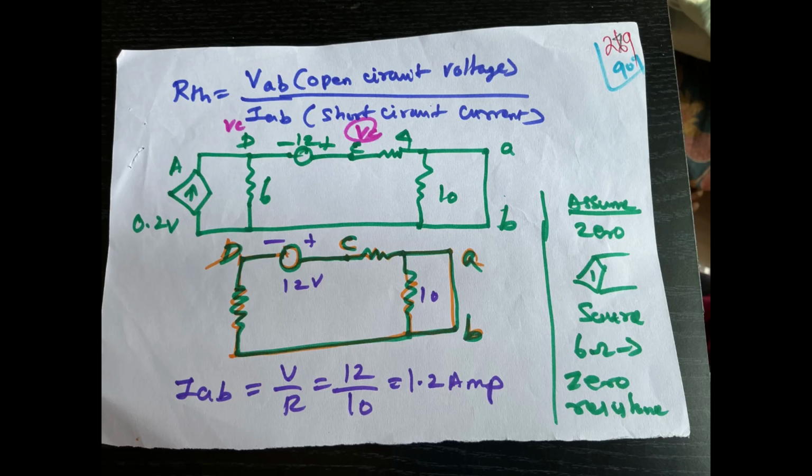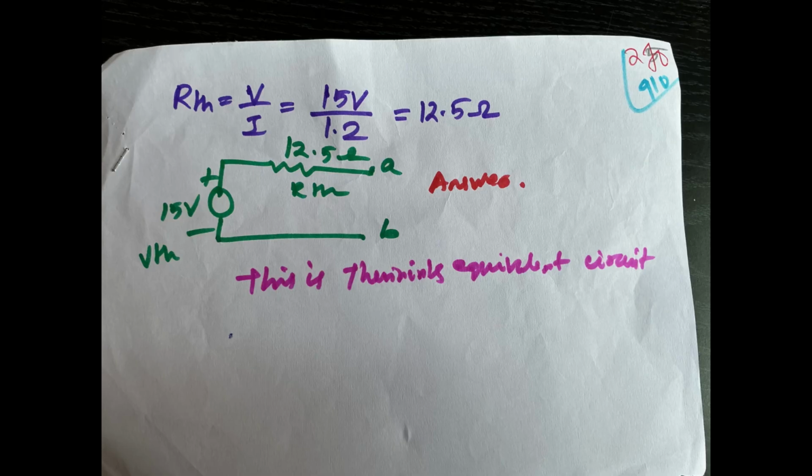That formula is important for finding Thevenin resistance. RThevenin is VAB divided by IAB. We already found VAB by the matrix procedure, 15 volt, divided by the above circuit's IAB value, the short circuit current 1.2 ampere.